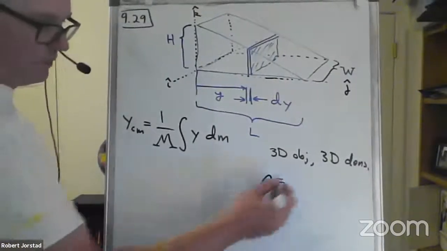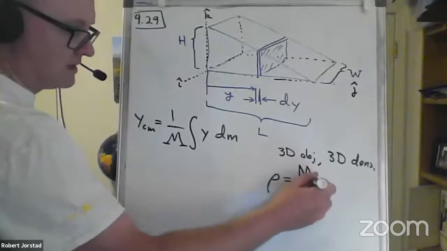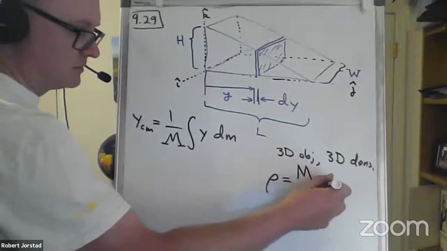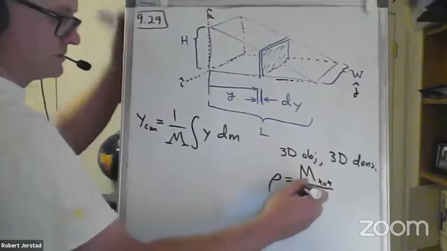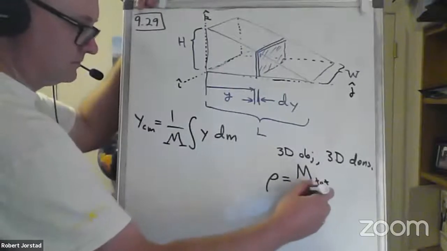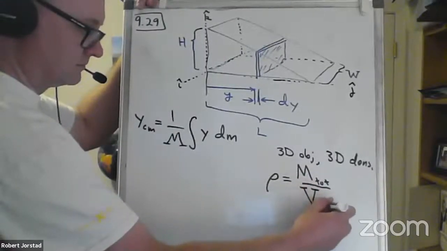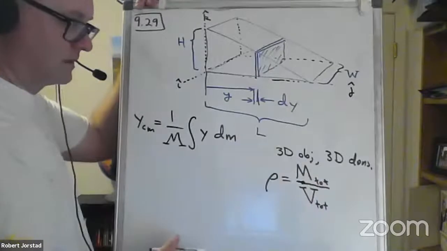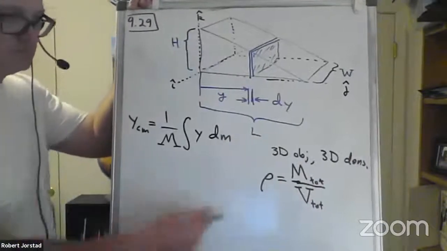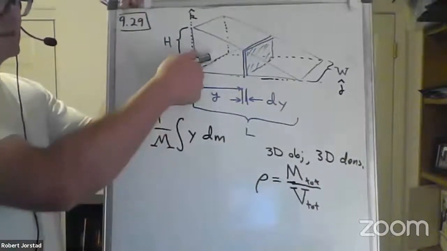If it's uniform, that's going to be the total mass over the total volume. Well, what's the total volume of this thing?